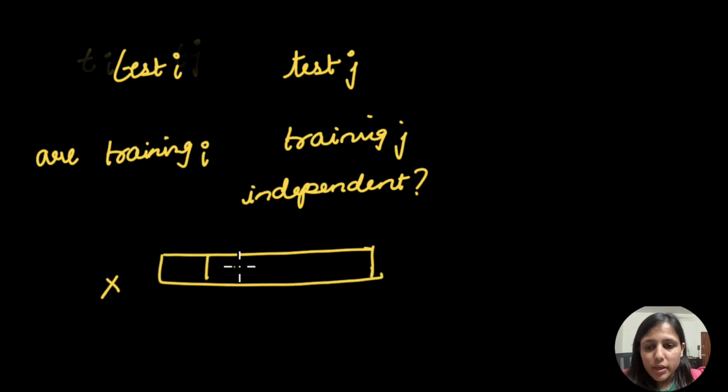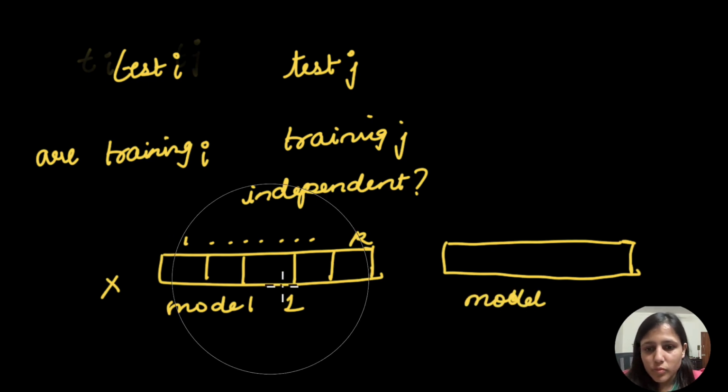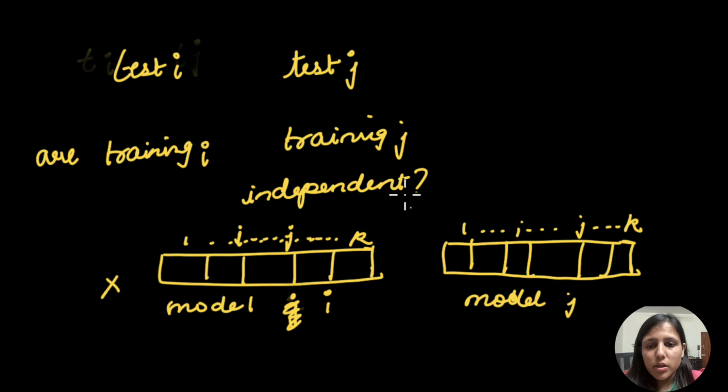let's take a look at it again. We saw this previously. Suppose that you have K folds here, and this is your model 1, and this is your model 2, or let me call this model I and model J. Folds 1, I, J, K, right?